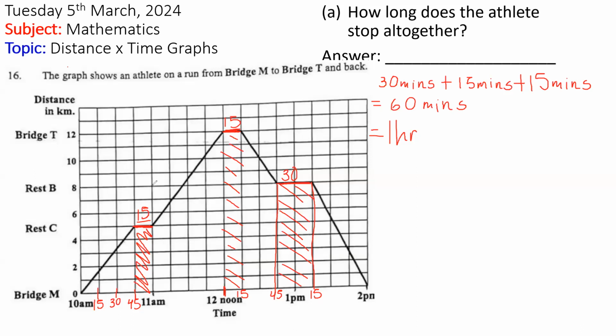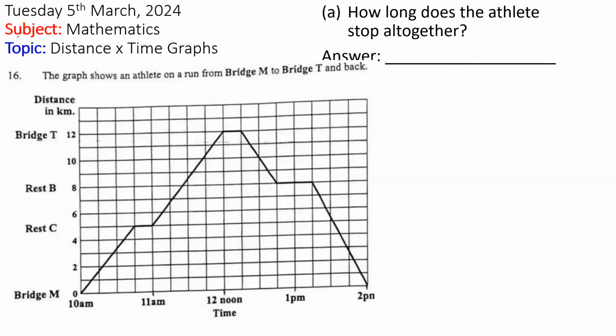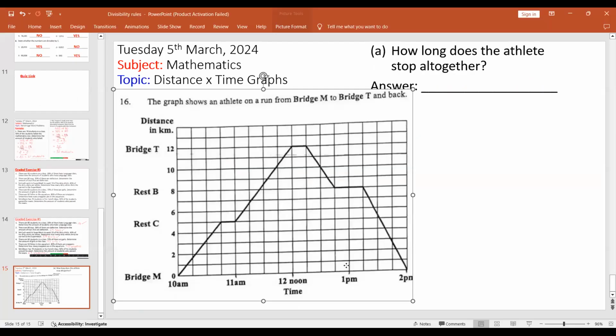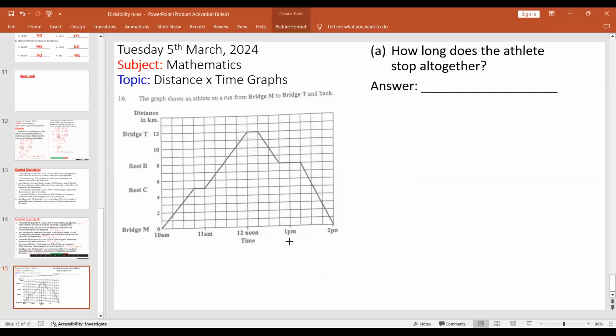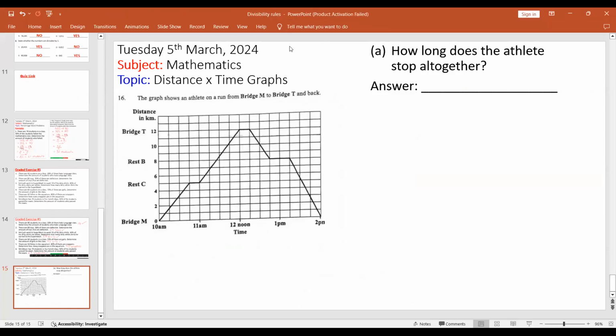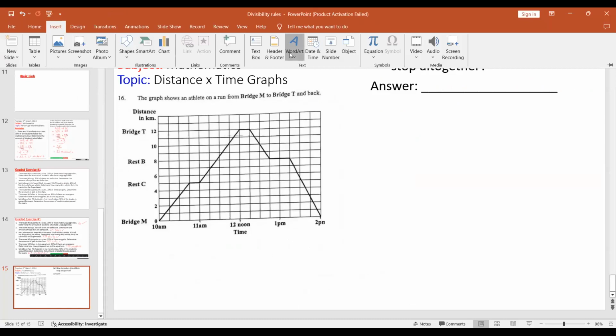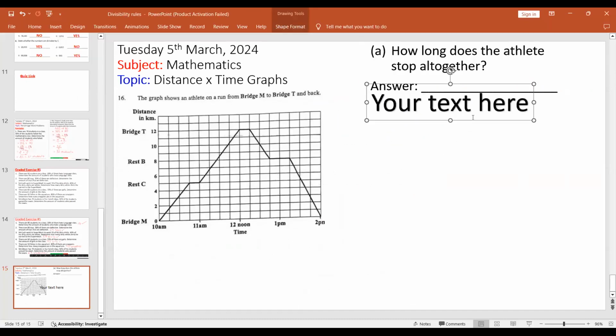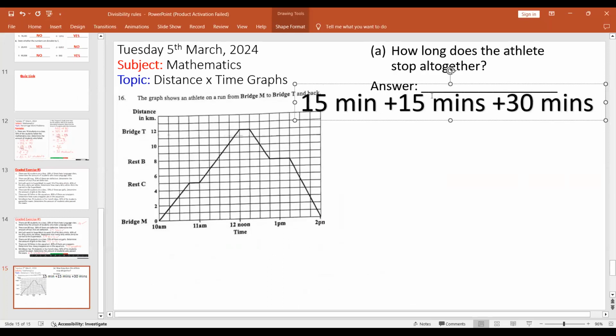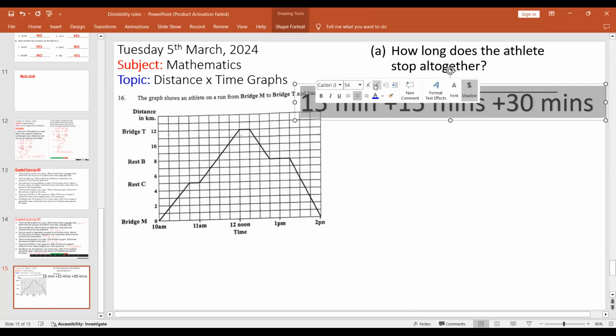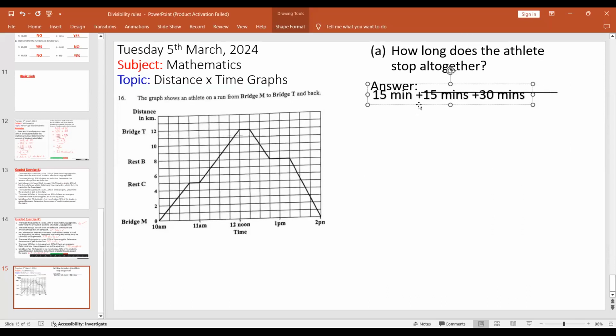Let me write this down properly because we need space. To put the working in for you, in order to get it, we have to say 15 minutes plus 15 minutes plus 30 minutes, and that's going to be equal to 60 minutes.